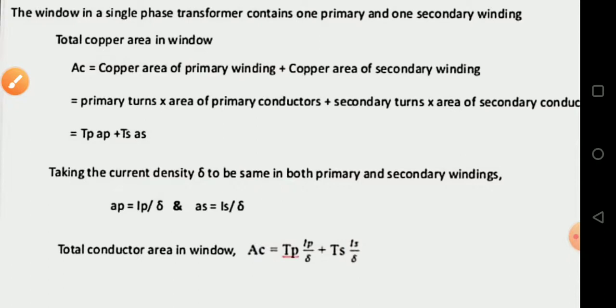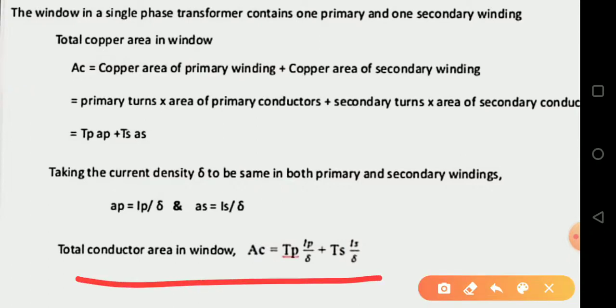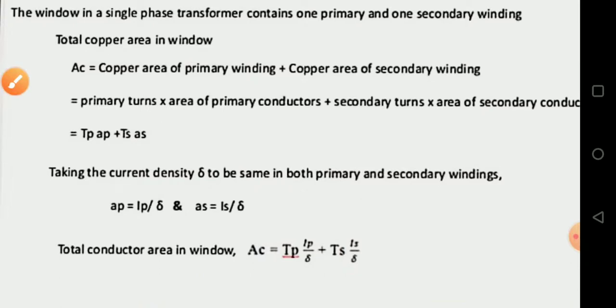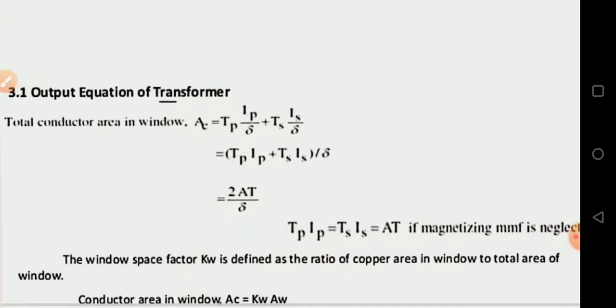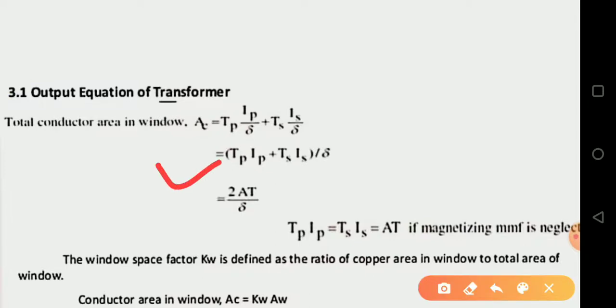Now we put this value in this equation, and we get the total area of the window as TP into IP upon delta plus TS into IS upon delta. So taking delta common, we get TP into IP plus TS into IS upon delta.